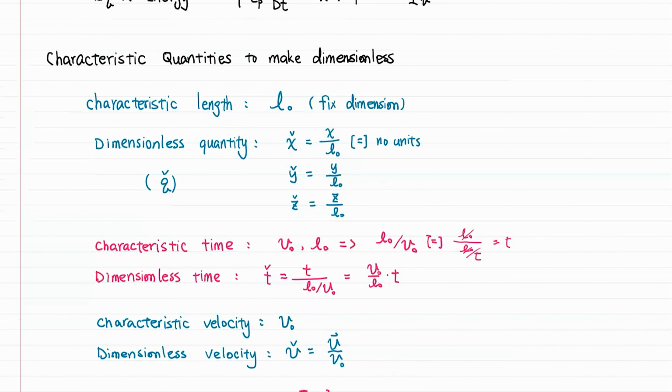Then, if the fluid has some characteristic velocity, let's call that V naught, we can define the dimensionless velocity simply by dividing the actual velocity by V naught. And using the relation between V naught and L naught, we also can define the characteristic time and the dimensionless time, which is the actual time multiplied by V naught over L naught.